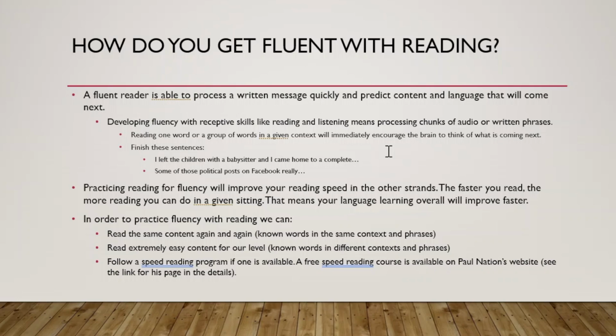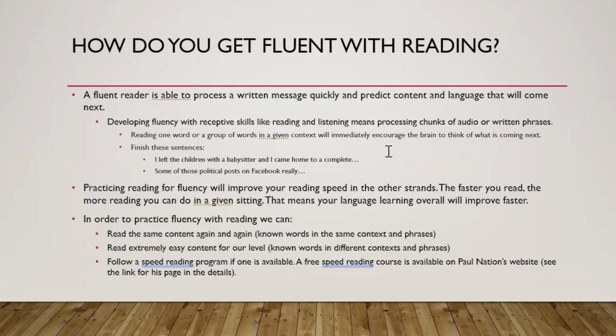So that's what a fluent reader does. A fluent reader is not just adding one word at a time and processing meaning like that. A fluent reader is anticipating what's coming next and processing the text effortlessly and probably going much faster. A native speaker usually reads 250, upwards of 350 words a minute in English.